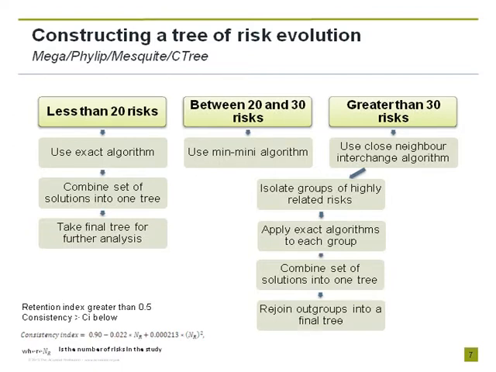And the approach here that we've used in this case study to develop a methodology that is getting more and more pragmatic, honestly, is when we've got fewer than 20 risks, it actually is quite straightforward, and there are packages available, MEGA probably being the most popular, and these all have free downloads, Phylip, Mystique and C-Tree.